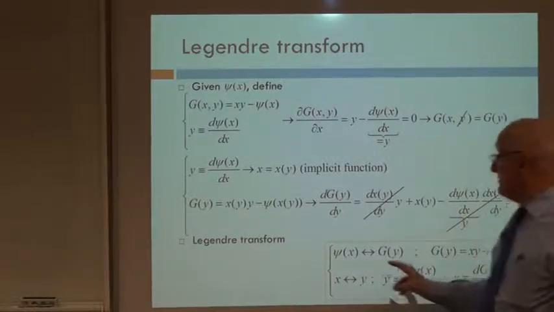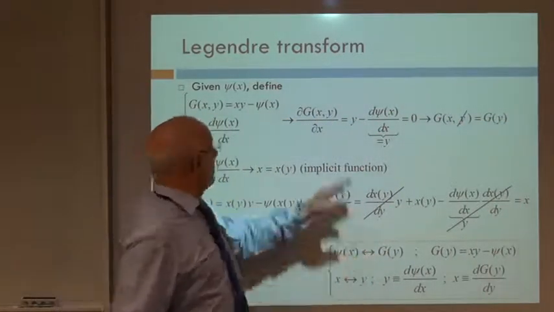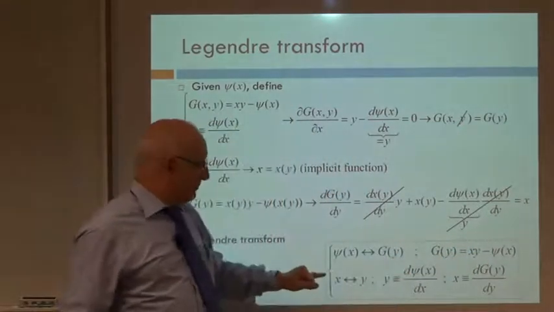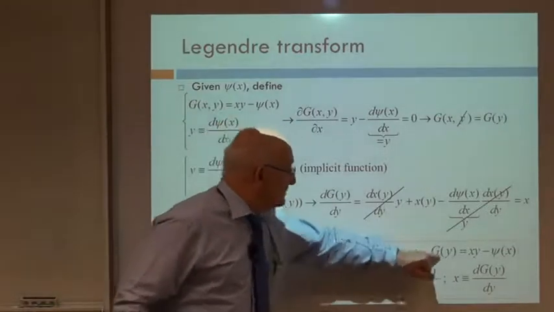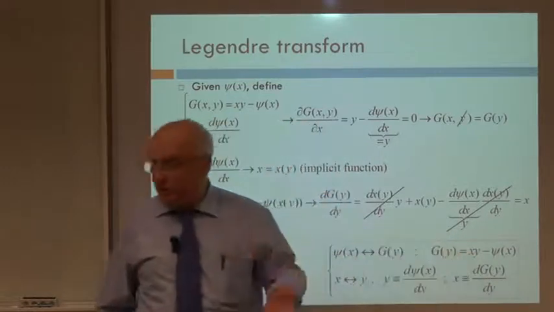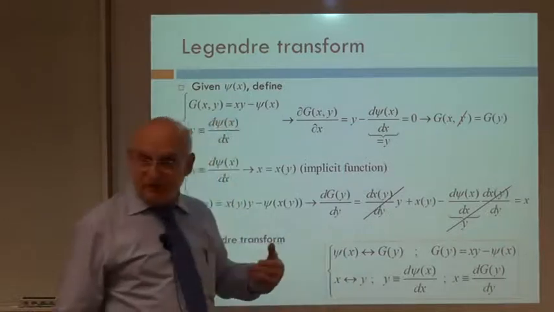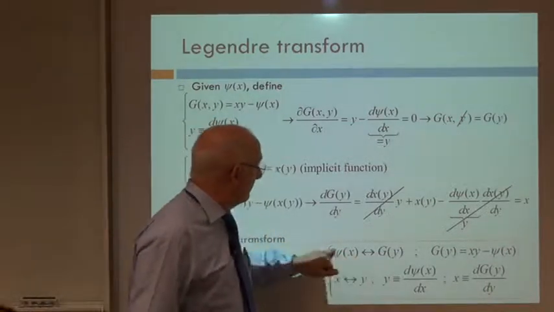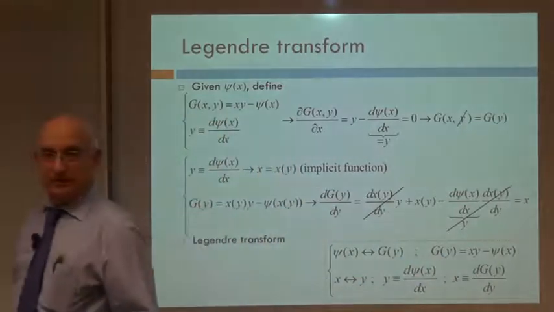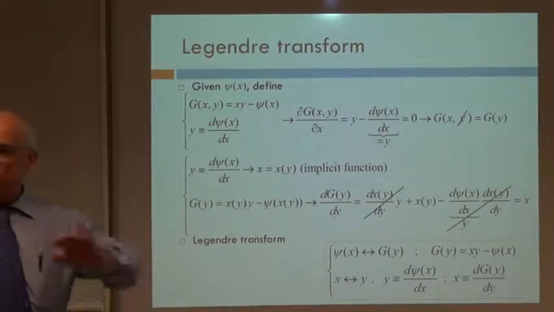Given a function phi, I can obtain its Legendre transform just through that definition, fulfilling the following properties. First, that function depends only on y. In principle it should depend on x and y, but it depends only on y. Second, the variables x and y are the transform of each other, in the sense that y is the derivative of phi with respect to x, and x is the derivative of g with respect to y. So set just a box, keep that in your drawer, and use it whenever you need it.